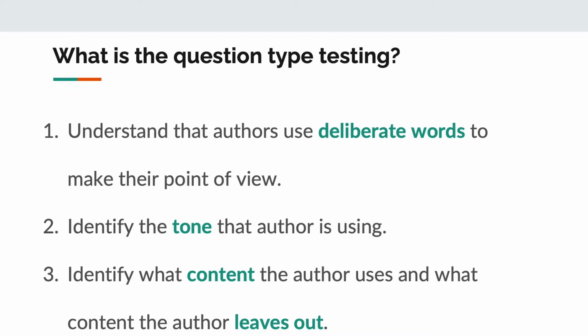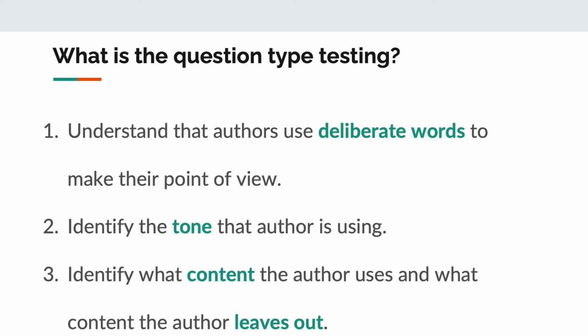You should also be able to understand the tone that the author is using, and we'll look at some examples of that. And then perhaps the most difficult concept to grasp for the A question is, what content does the author use? Or in some cases, what content does the author intentionally leave out that perhaps would go against their impression or point of view?